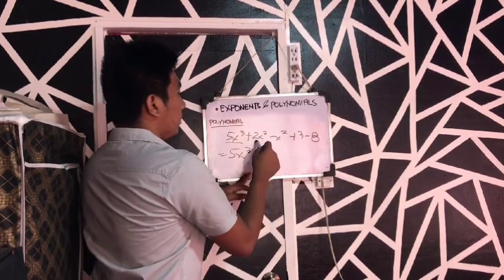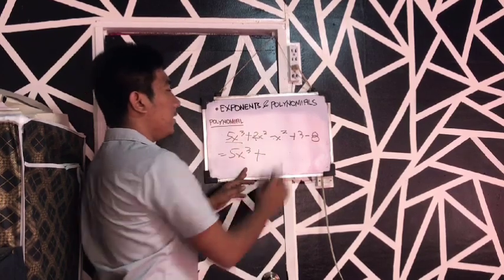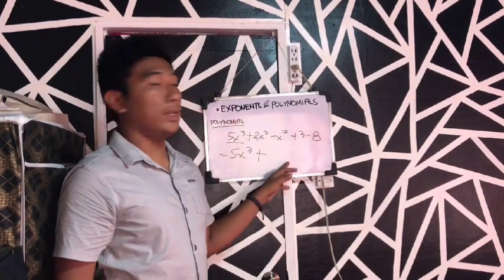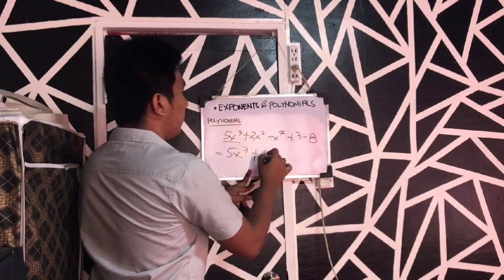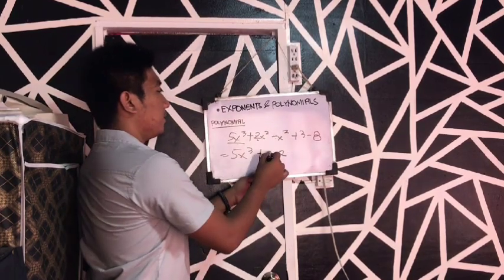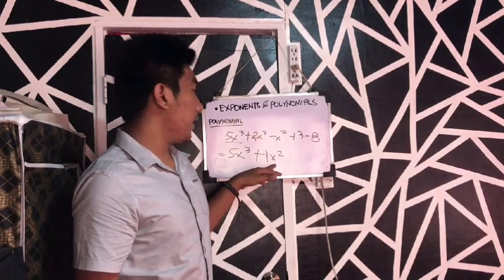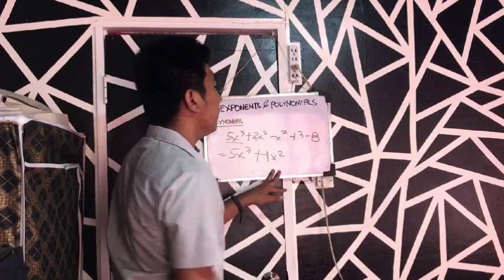So positive 2 minus 1, then copy the variable and the exponent. So 2 minus 1 is x squared. We could write x squared because there is an imaginary 1 beside the x. Next is the positive 3 and negative 8.